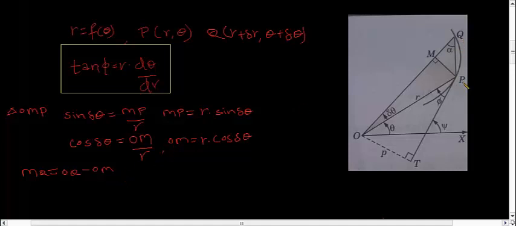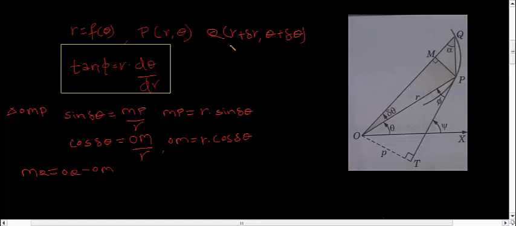See, the coordinates of this point P on this curve are r comma theta. What does that mean? This line OP is of length r and the angle subtended by this line OP is theta. Similarly, if you consider this line OQ, what is the length of this line? If you look at the coordinates of point Q, it is r plus delta r comma theta plus delta theta.